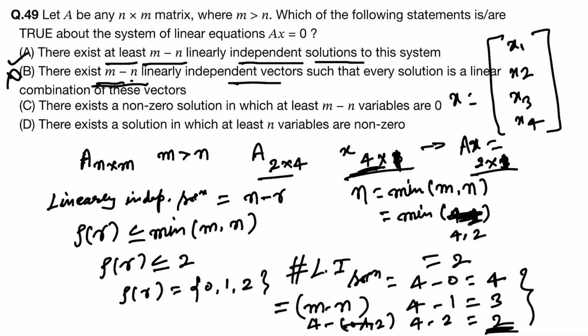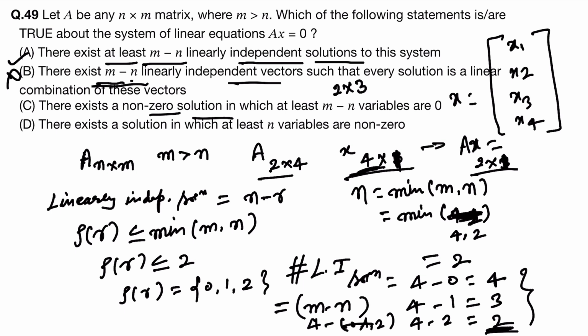So we will have to take a case for these two options. At first for option C, what it is telling: there exists a non-zero solution in which at least m minus n variables are zero. So I take any matrix, say a 2 into 3 order matrix.